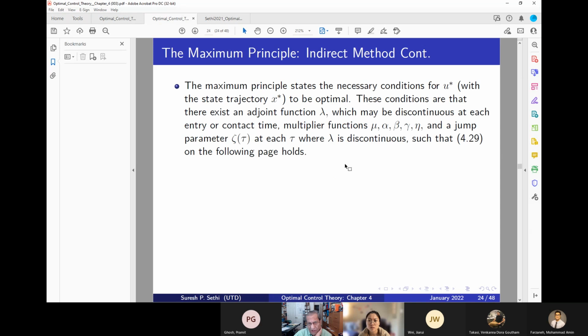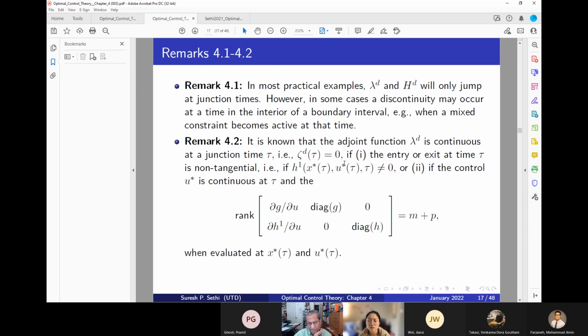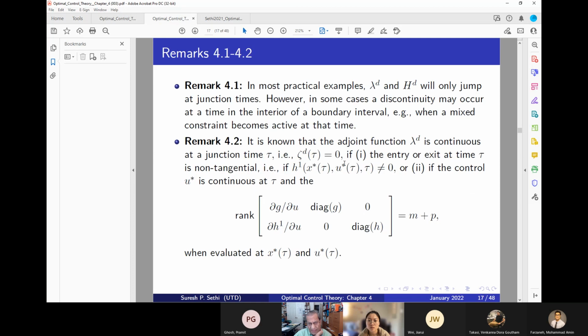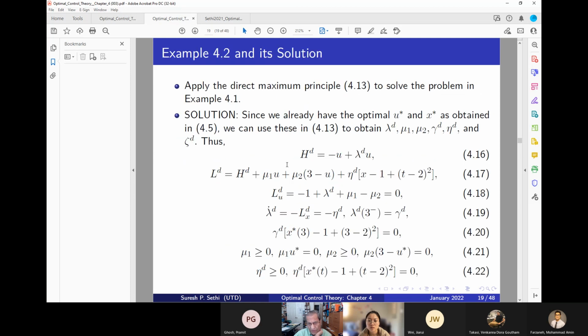We solved that, but I can go again. So the direct method we apply to this problem, and all we're trying to do here is to show that all of these conditions are satisfied, because we already have the solution, right? The solution is already there when we began this chapter.